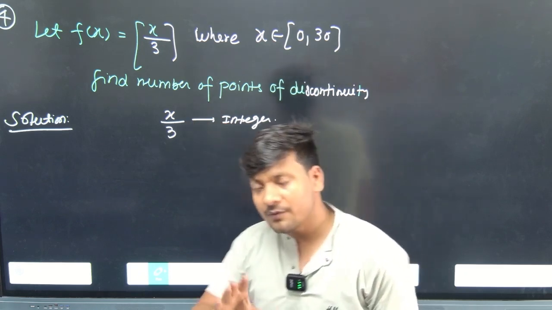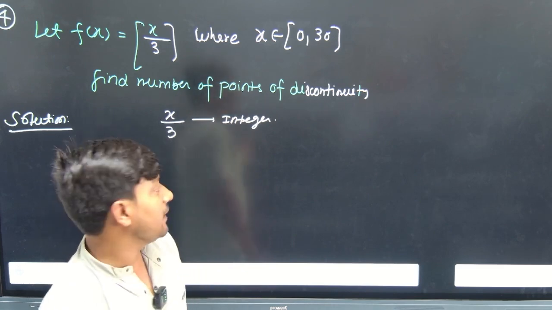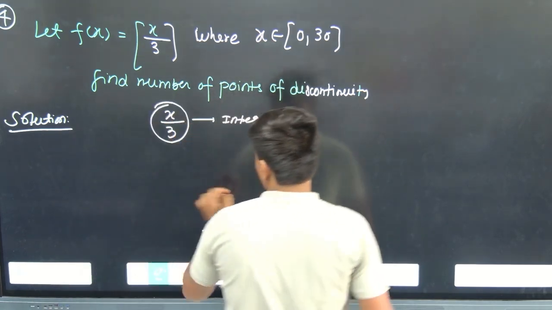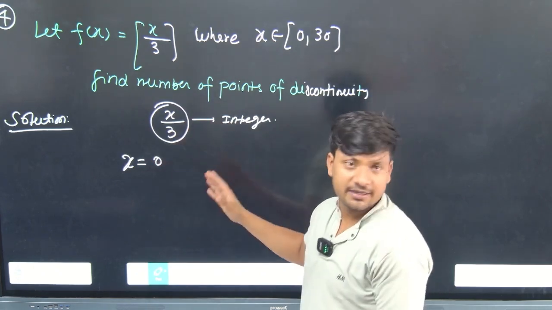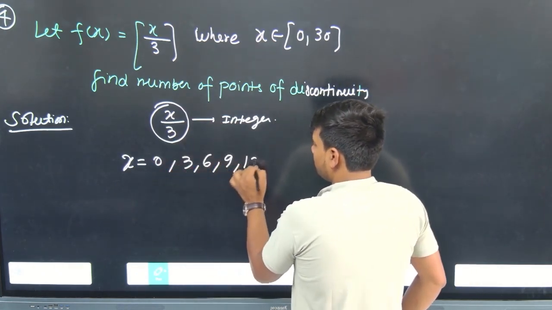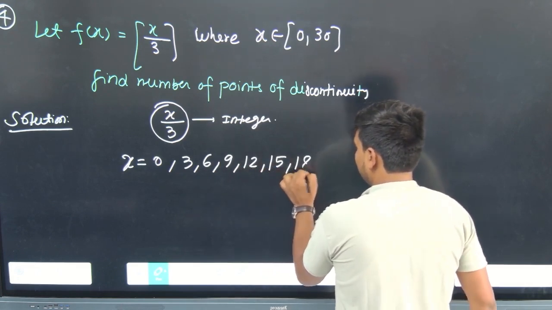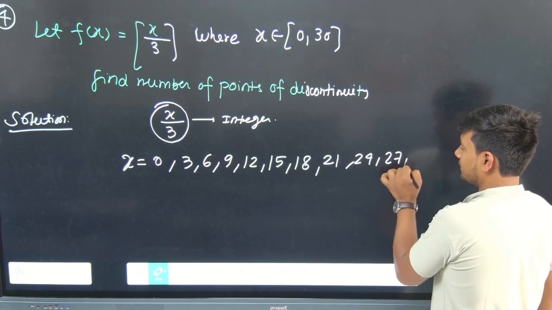So whenever we take the value of x as a multiple of 3, it will give an integer. So x equal to, we will start with 0 because 0 by 3 is 0 and it is an integer. So 0, 3, 6, 9, 12, 15, 18, 21, 24, 27 and 30.